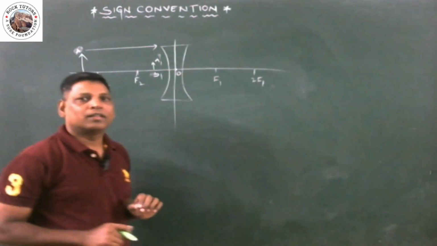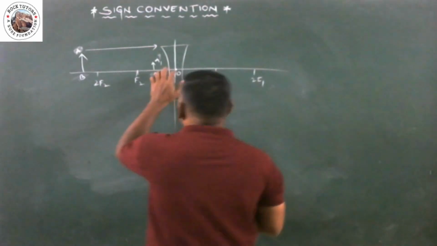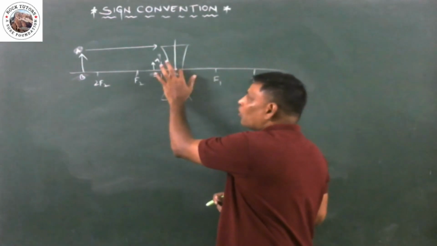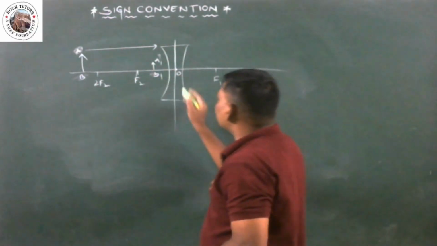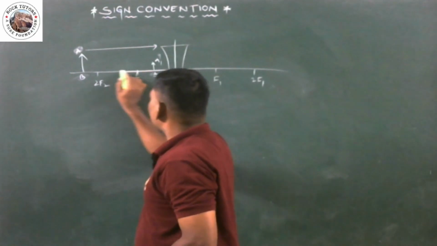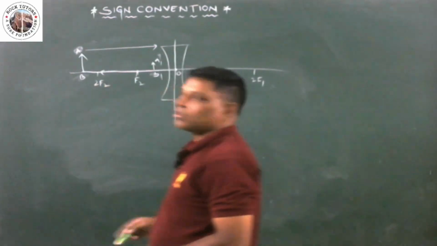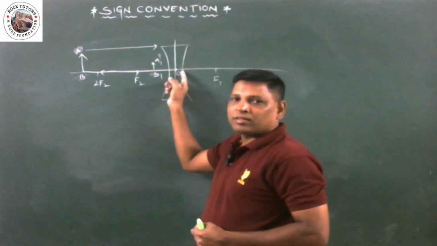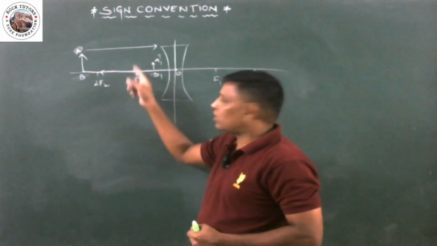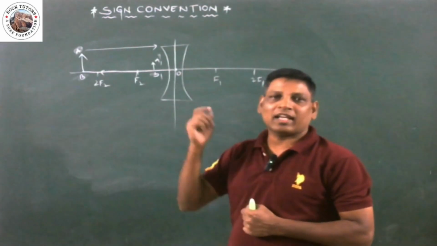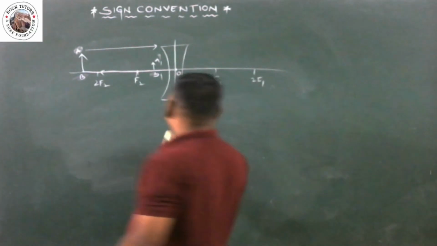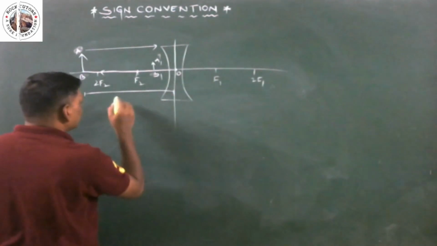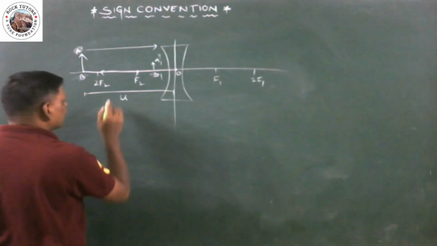Object distance means optic center to object. So O to B, I am moving in this direction. Both the incident ray and the distance from O to B are in opposite directions, so we take it as negative. Here U is negative.